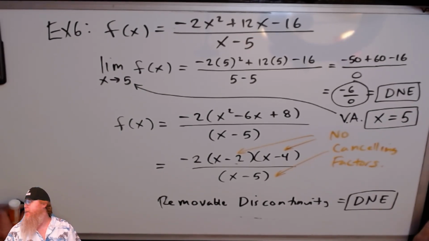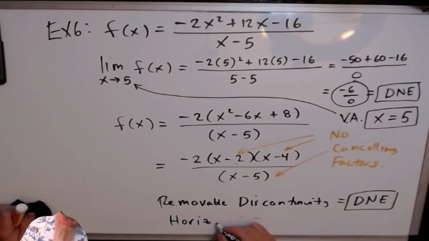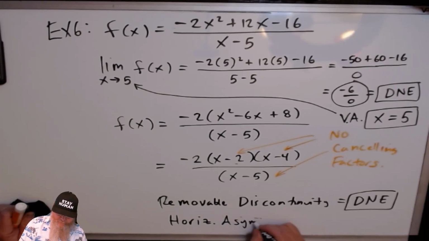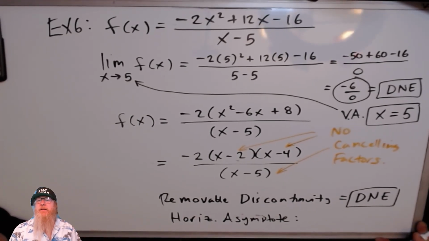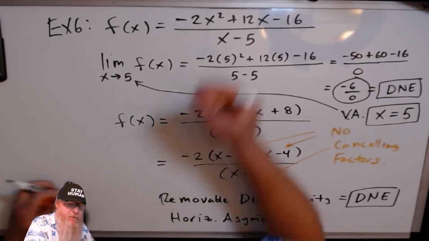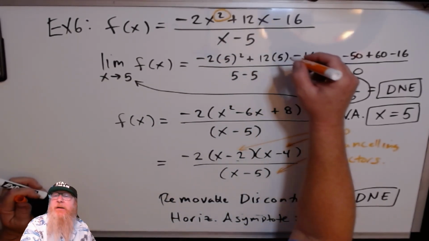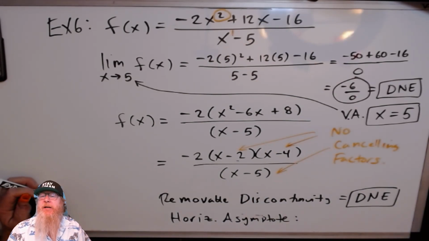All right. And then the horizontal asymptote, well, let's use the rule. The numerator has a power of 2. The denominator has a power of 1.